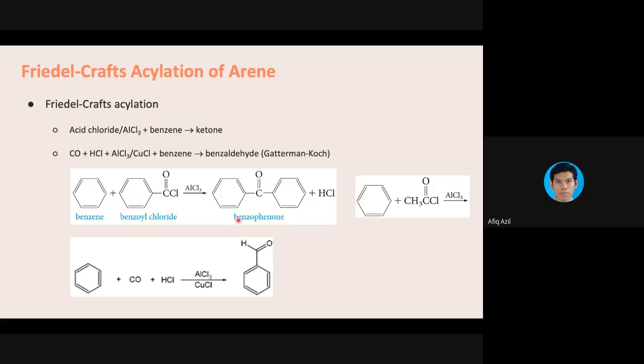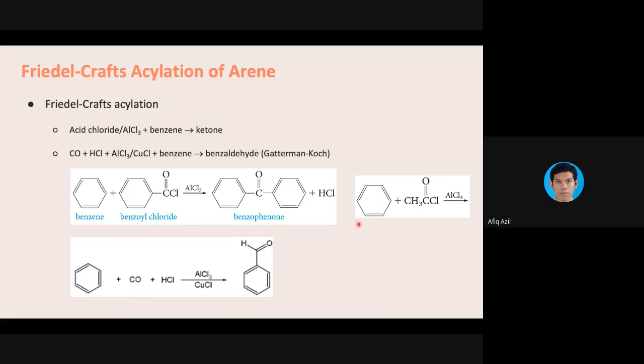You're going to get benzophenone. Another structure over here, to obtain benzaldehyde, the product that you will get will only be benzaldehyde, and the reagent used will be carbon monoxide, hydrochloric acid, and aluminium chloride or copper chloride.